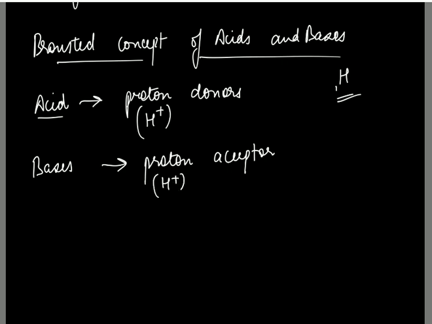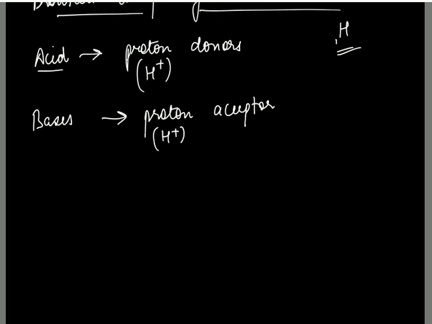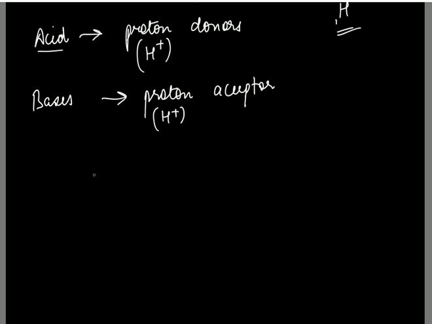Obviously, if they are going to donate, they donate to some other substance. If they are going to accept, they accept from another substance. So let's talk about this example: ammonia reacting with water. We are taking an aqueous solution, and we need to prove that ammonia is a base over here. So this is our base, right? And over here, water is going to act as an acid.